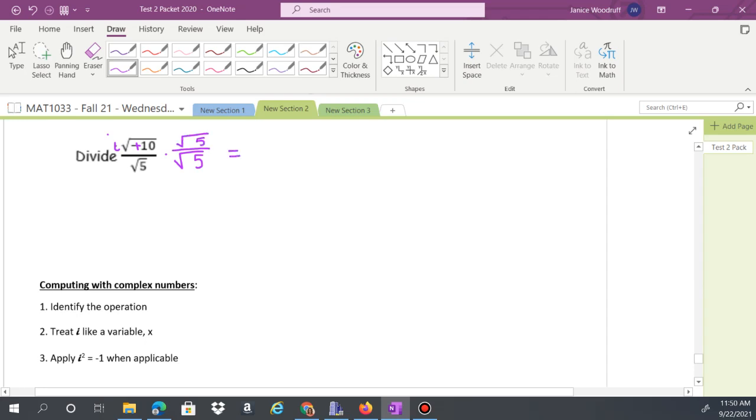Which means on the top, that's going to give me i, 10 times 5, 50. Let's go ahead and simplify that. We just did that one, right? That was 25 times 2. Square root of 25 is 5. So that's going to give me a 5i root 2.